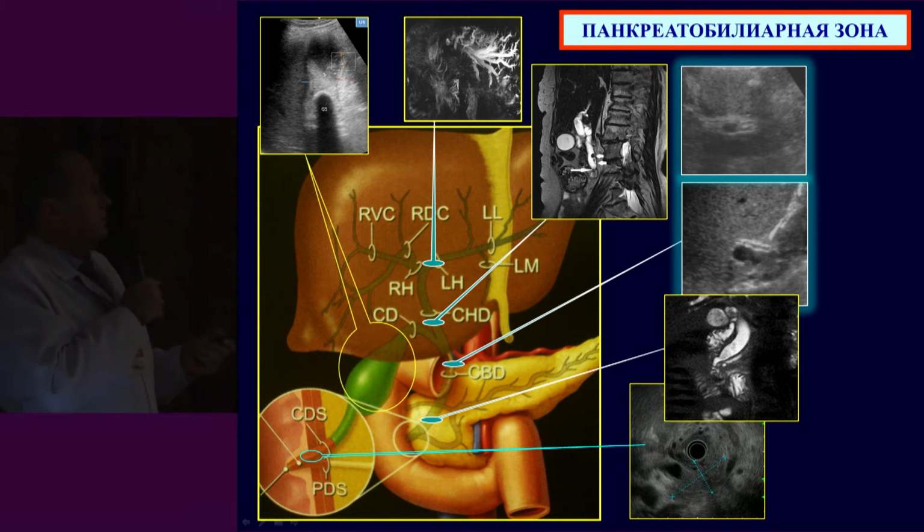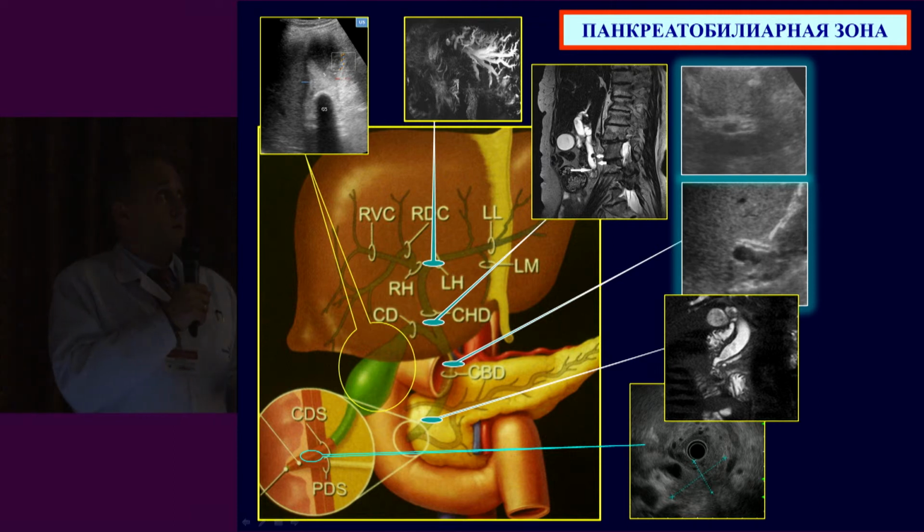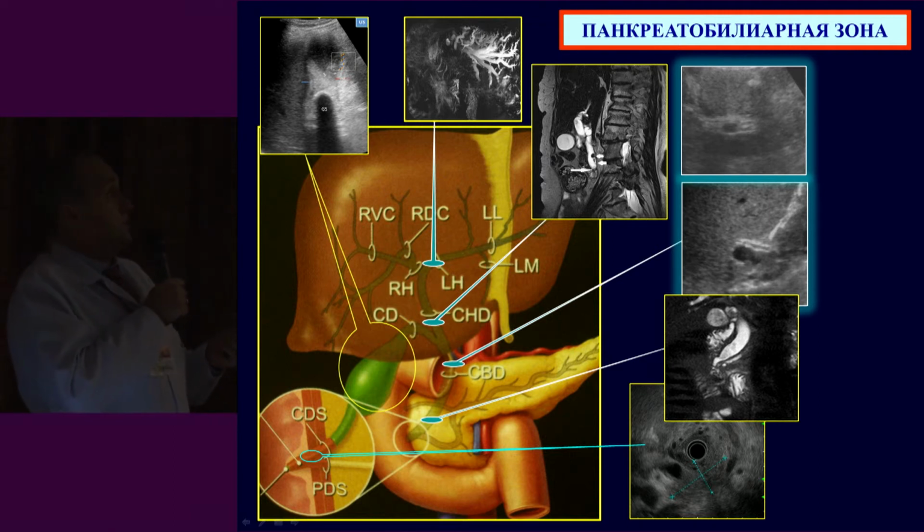If we speak about the imaging modalities, first of all, we speak about the gallbladder, and we can, of course, use the ultrasound and MRI. First and foremost is MRCP, and the T2-weighted images allow us to differentiate the post-inflammatory processes in the biliary tract.